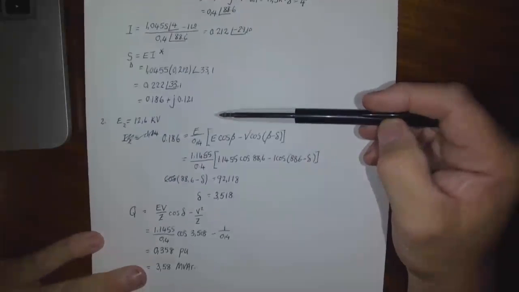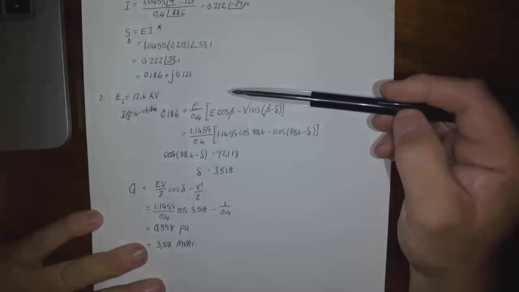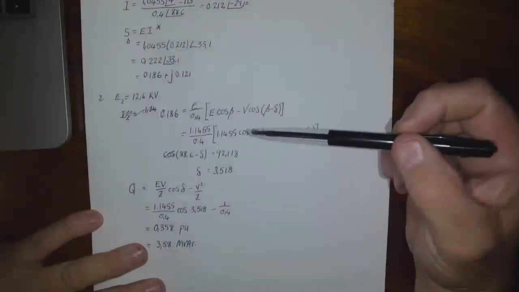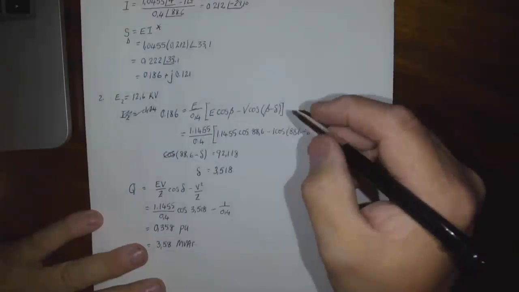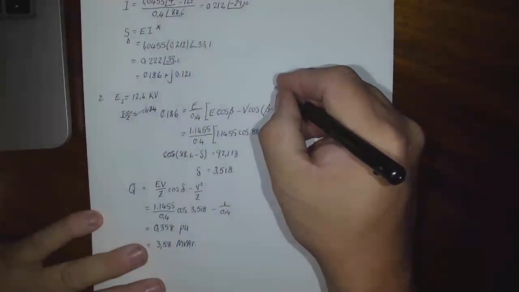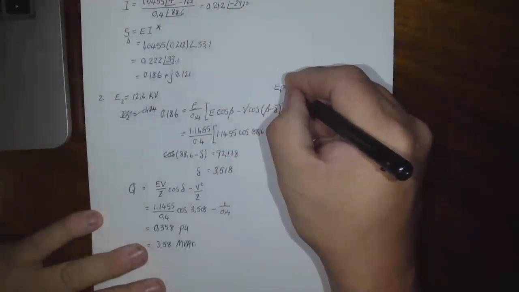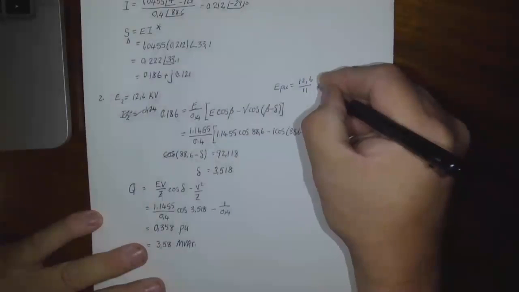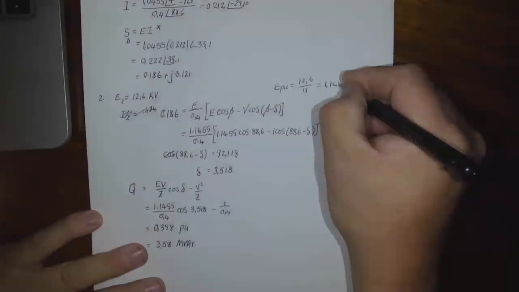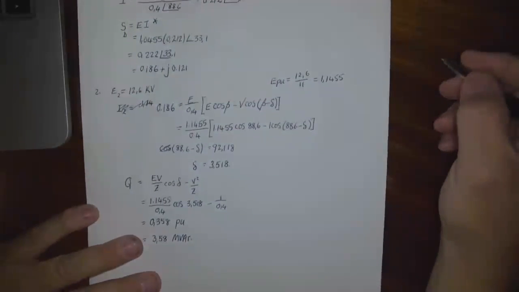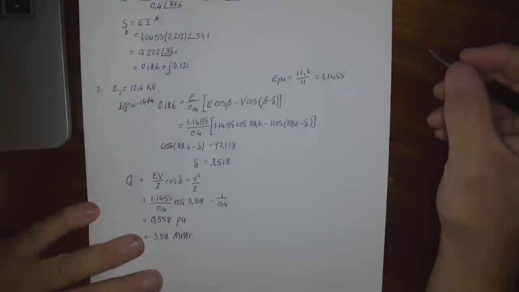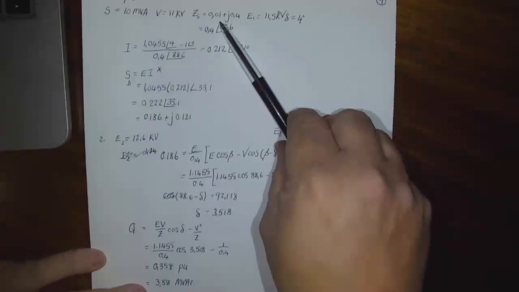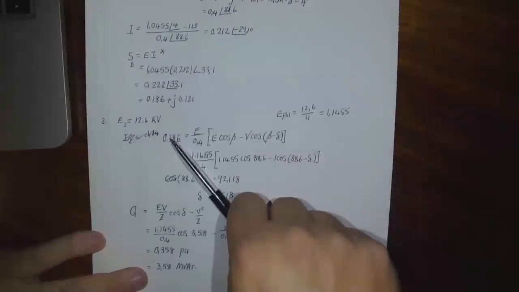Now we're going to change the voltage to 12.6 kilovolt. E per unit is 12.6 divided by 11, which gives us 1.1455 per unit. Seeing that we have a resistance as well, we can't use the short formula.